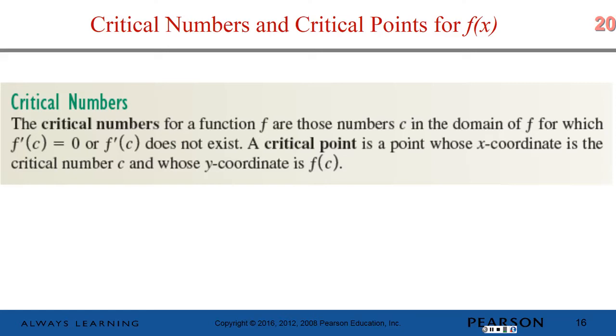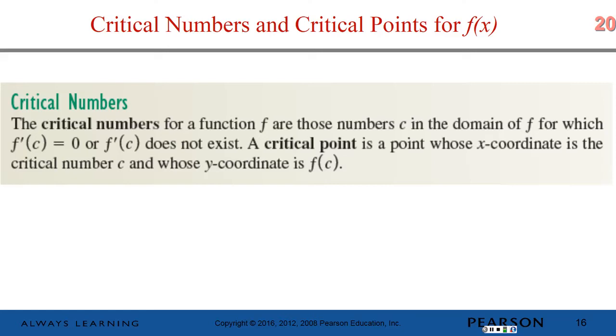Either the derivative has a value of 0 at some point, or it doesn't exist, and that makes it a critical number. A critical point is the point where the x-coordinate is the critical number for that function, and the y-coordinate is whatever the value is of that number. In other words, it's whatever you plug c into the function, and you come out with a number for it at the end.